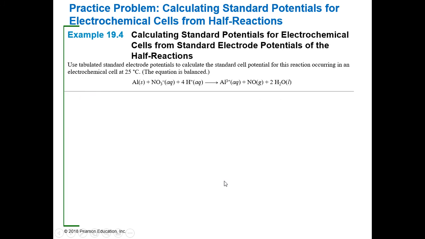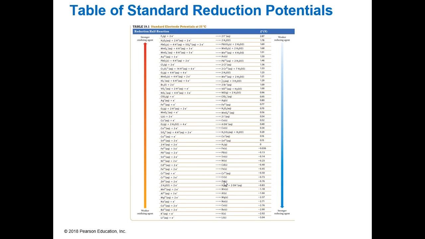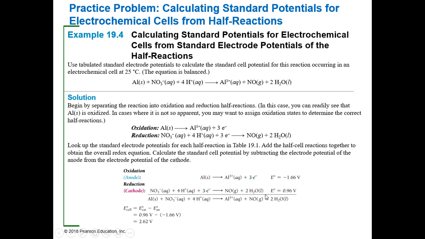The anode, we would also find this reaction. So we would need to go back to our chart, aluminum, right? Find aluminum on our chart. Make sure you get the right one because there are different ones. So aluminum 3 plus plus 3 electrons is negative 1.66. As you can see, the electrons do end up canceling. This is a balanced reaction. We then have these E naught values.